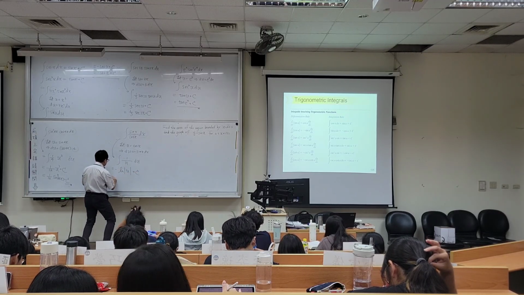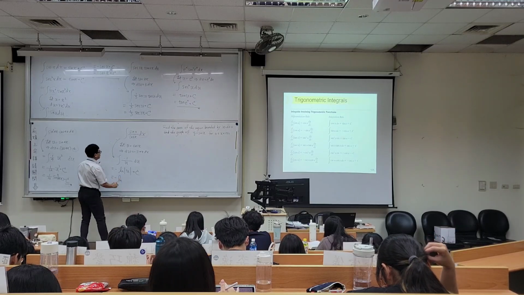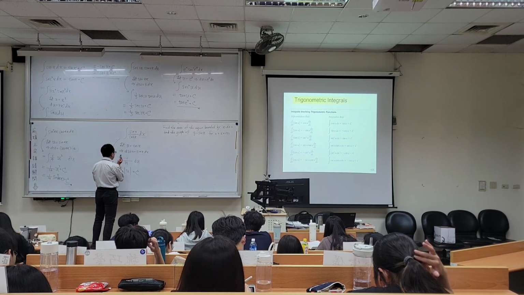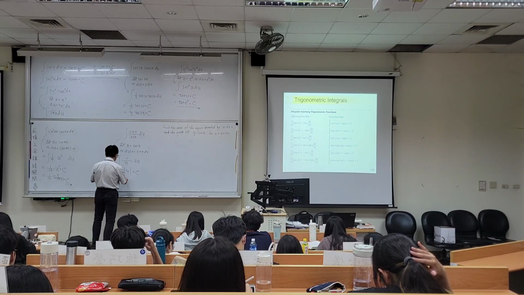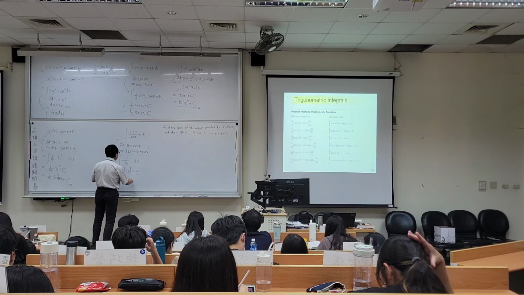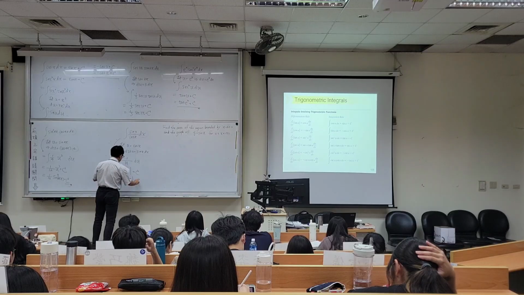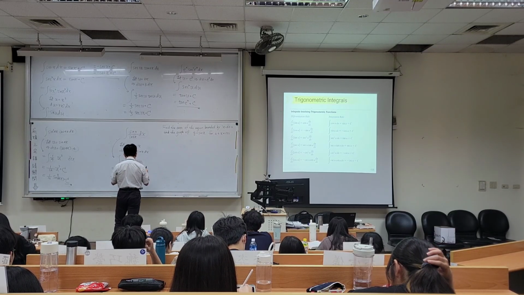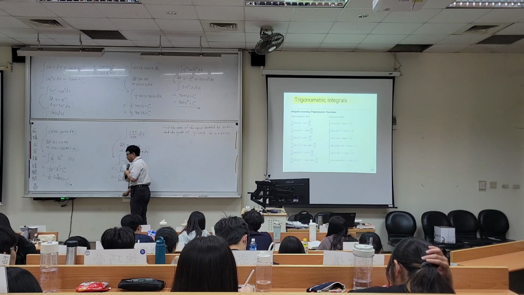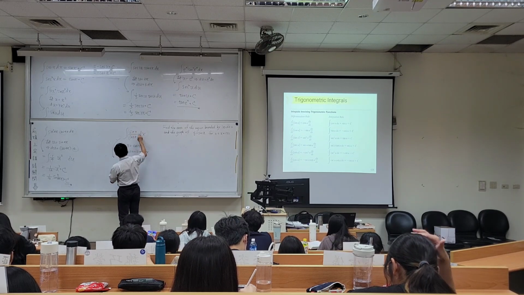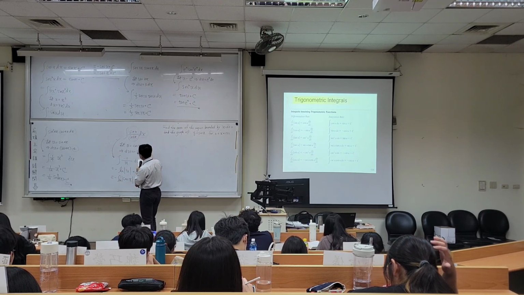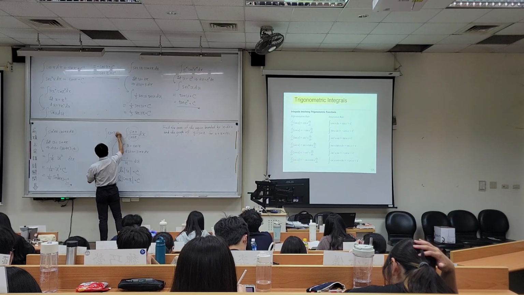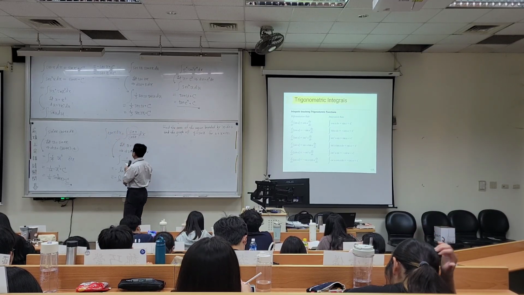Okay, so we'll get minus natural log of the absolute value of cosine x plus c. So that's the integration of tangent x dx equal to that.